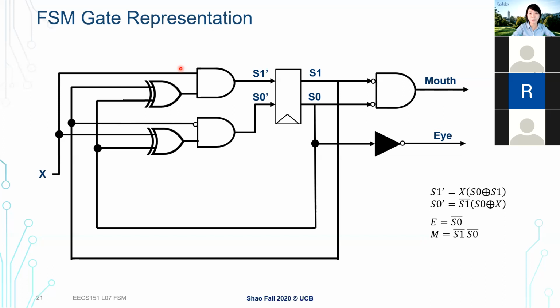One is a truth table to express the state transition, how I get to the next state based on the current state, and another truth table to represent how my output is determined by either my current state or a combination of my current state and my input. And then we can do what we have already seen before, right? A logic simplification, either using Karnaugh maps or just purely looking at the Boolean expression, and then getting a simplified logic, we can turn that into a gate level representation, and that will be our sequential hardware to describe this finite state machine.